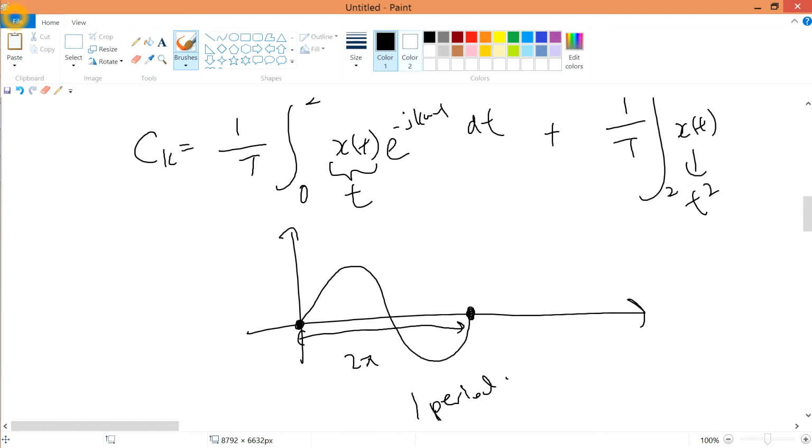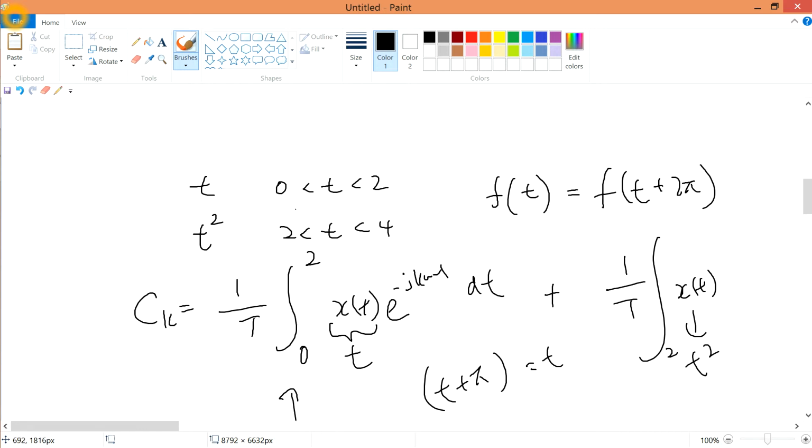It just came to my mind that if this is pi, then if t plus pi is also equal to t, what? Because at pi this is 0. So you need to know what type of formulas, what type of wave you are talking about.